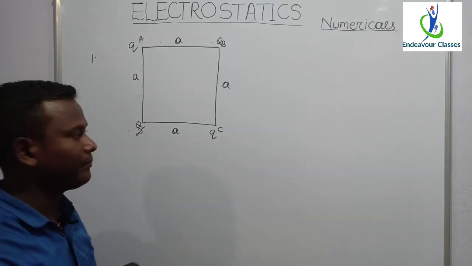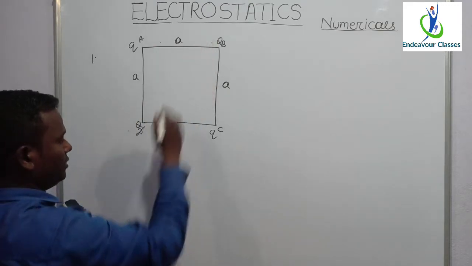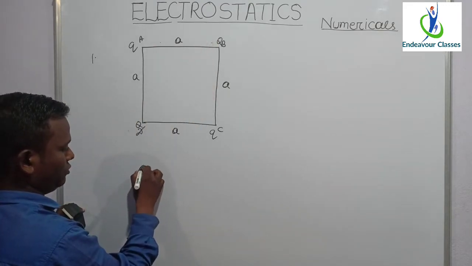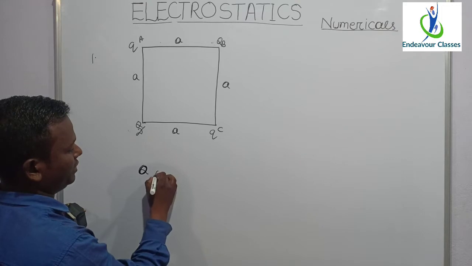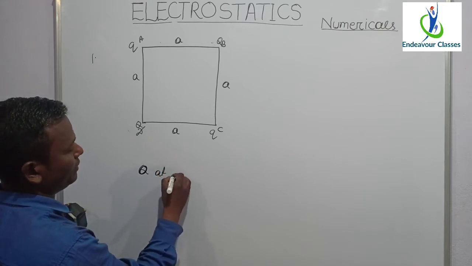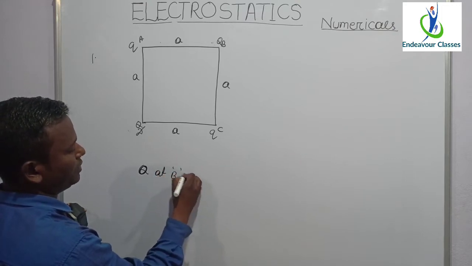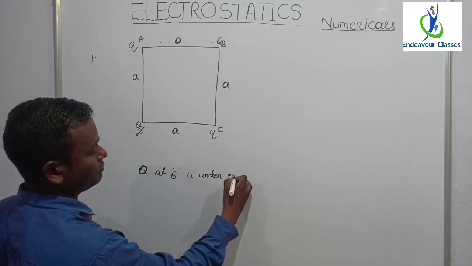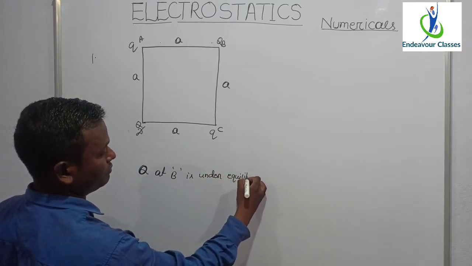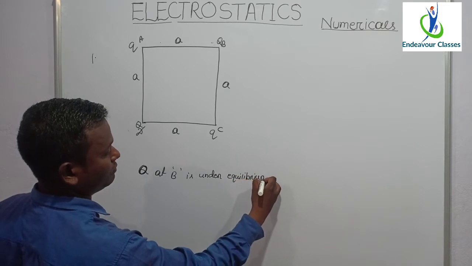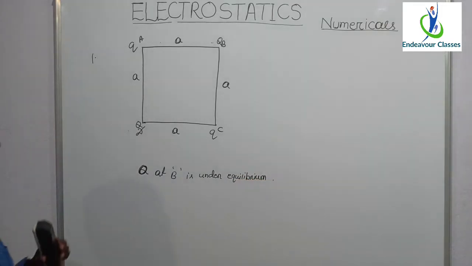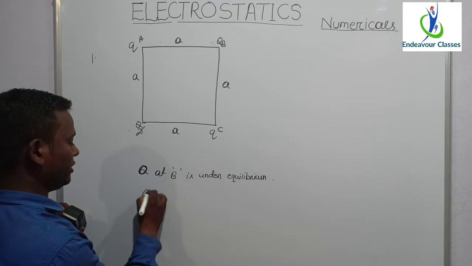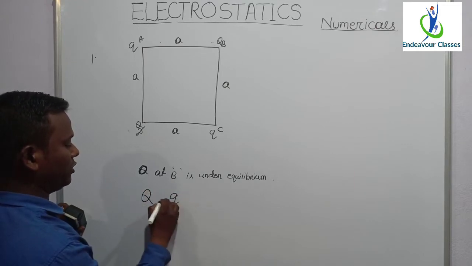So the question is, if the charge Q located at B is under equilibrium, then what will be the relationship between capital Q and small q?